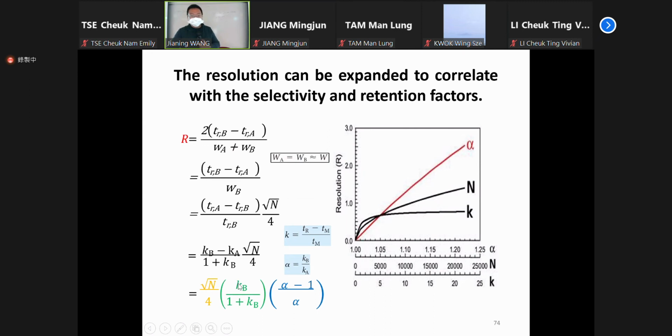And the retention factor, and the selectivity factor. Through this chart, this plot, we can find the relationship among those three factors, how the three factors contribute to or affect the resolution.